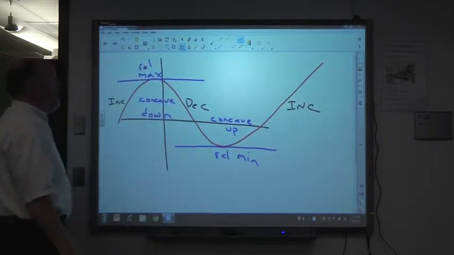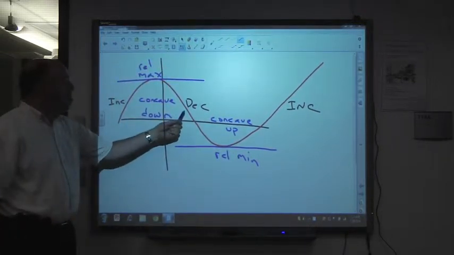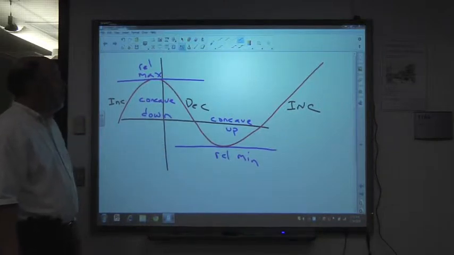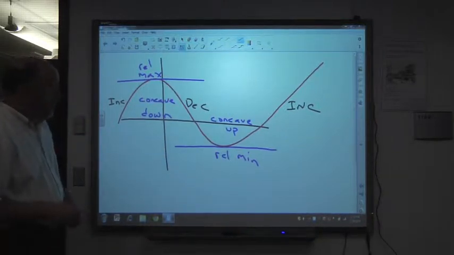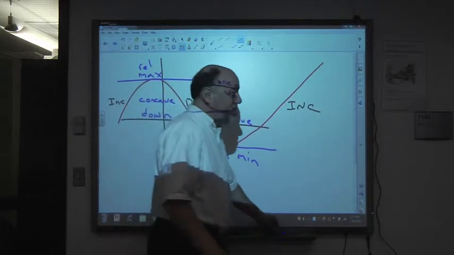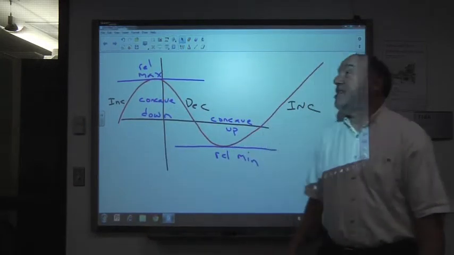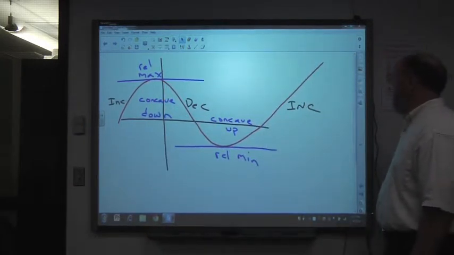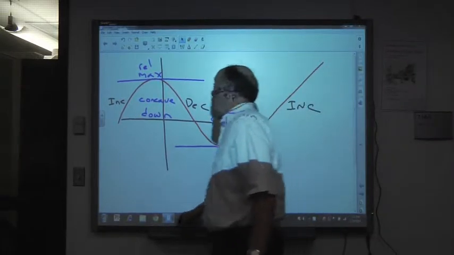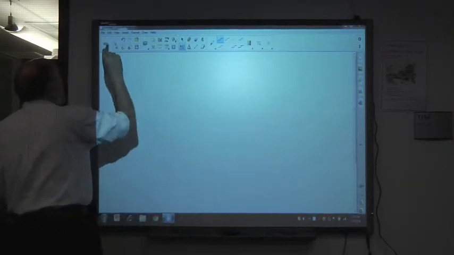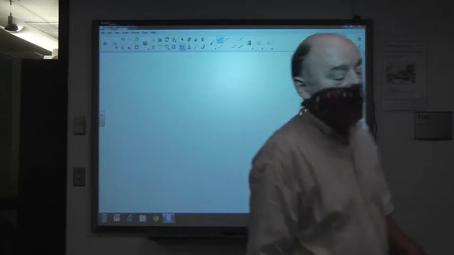And we can find out where this point is, where it switches, from our second derivative test. So today we'll cover the first and second derivative tests and what information they tell us in regards to our graph. So let's look at a few examples as to how this works.